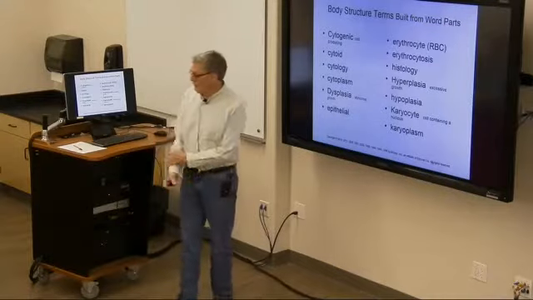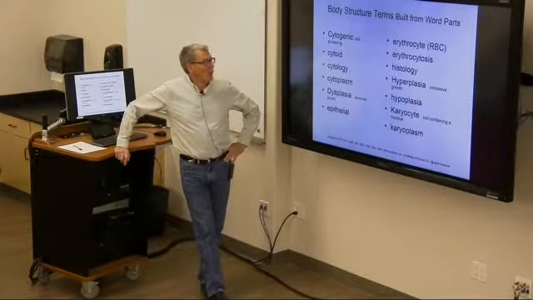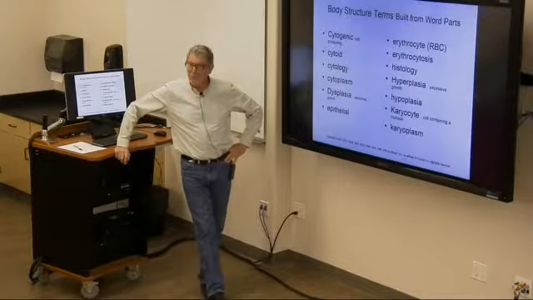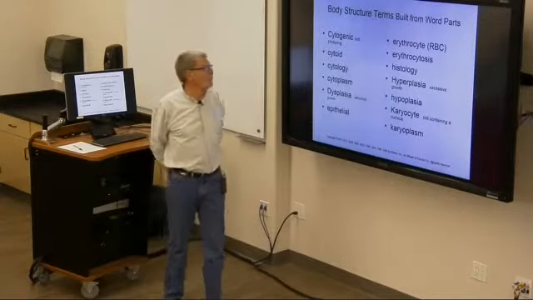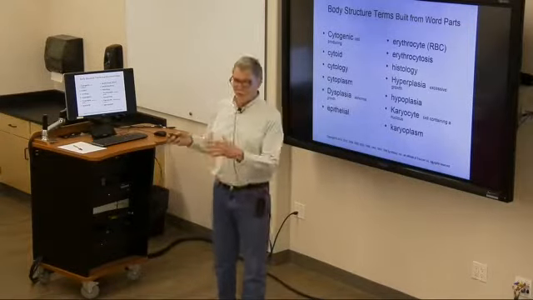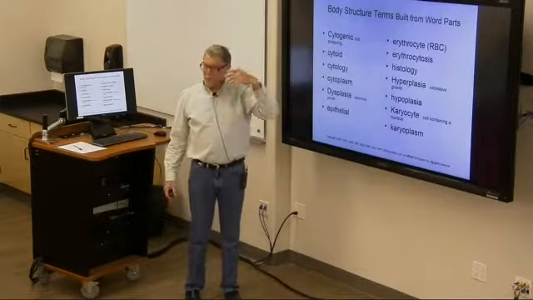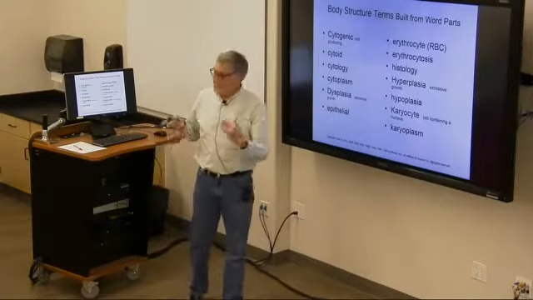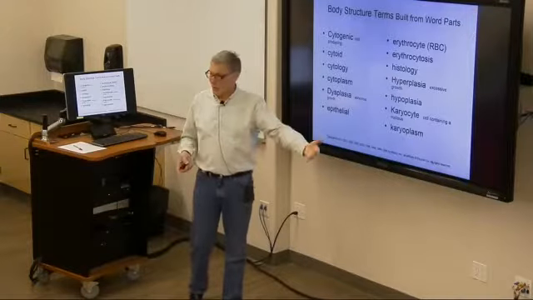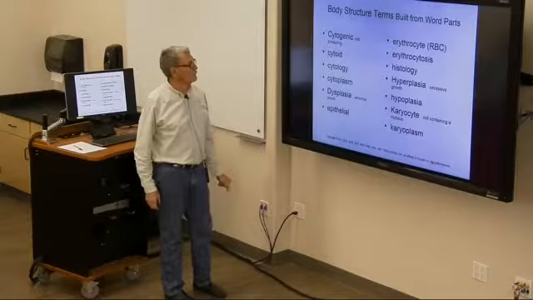Okay, so let's look at some different body structures and what we might call them as a result, and some words pertaining to them. So cyte or cyto is cell. So cytogenic would be a substance or a gene perhaps that produces cell proliferation and increases the number of cells.